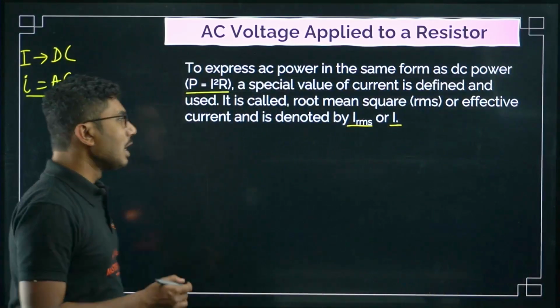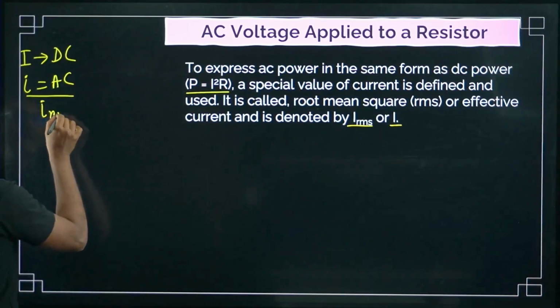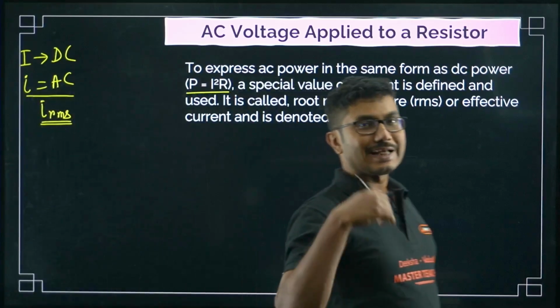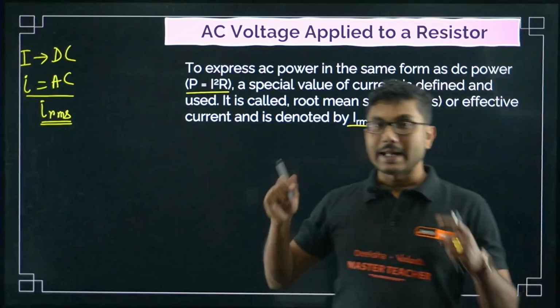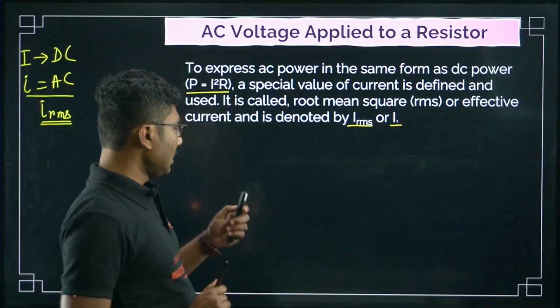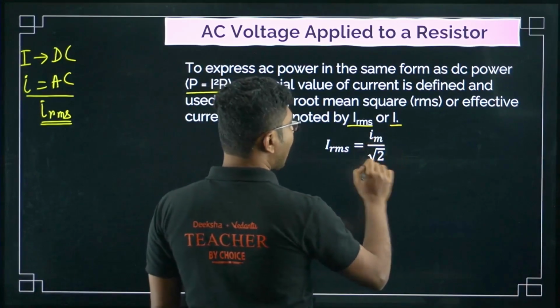You can denote RMS with small letter as well. So I RMS is fine. There is no problem writing like this. But if in case of AC you use capital I, that capital I definitely means it is RMS value only. Okay.